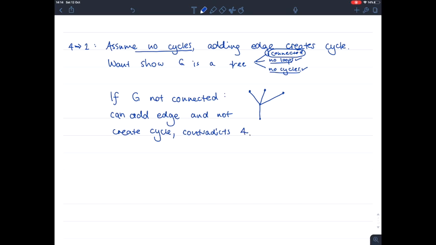So we've proved that G is a tree. So for proving 5, I suggest that you use the previous 4 and see if you can do this with induction.